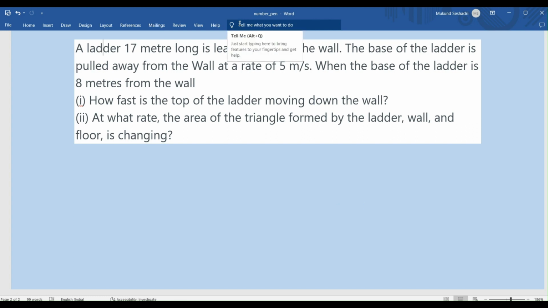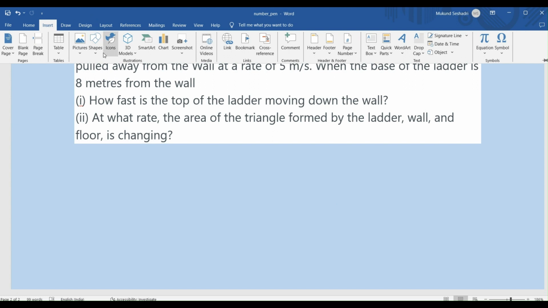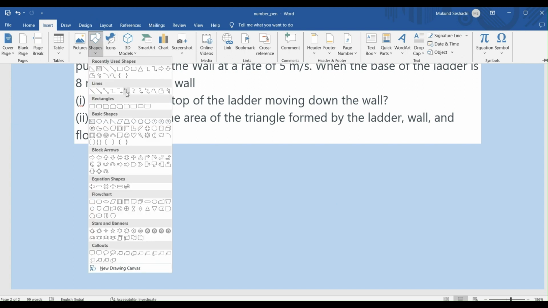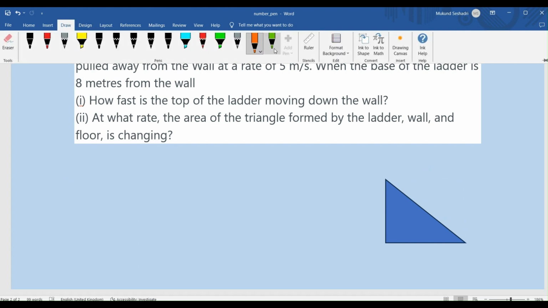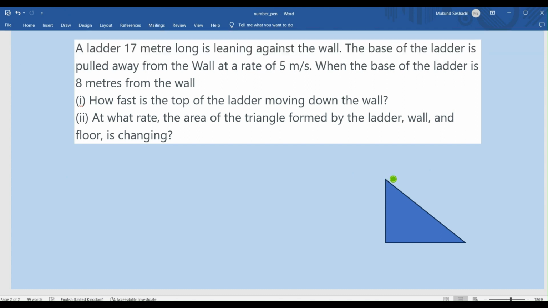I think it's easier to understand this if we draw a diagram. So let me pick out a triangle. Let me draw this, and let me use the highlighter here. So this is the ladder.